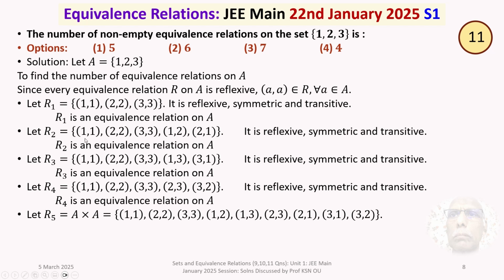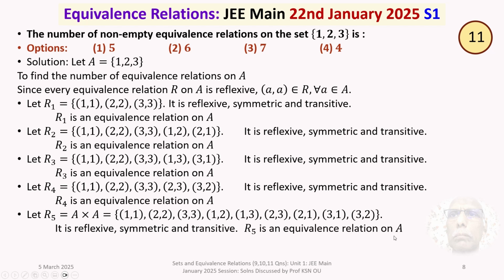A has 3 elements, so A cross A will have 9 elements. These are the 9 elements we have written. And the whole A cross A is always reflexive, symmetric and transitive. Therefore, it is an equivalence relation. R5 is an equivalence relation on A. Right. Thus, we have obtained 5 equivalence relations on A. Therefore, the number of equivalence relations on A is 5.